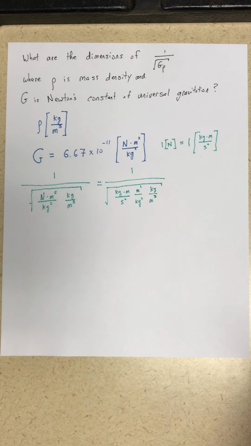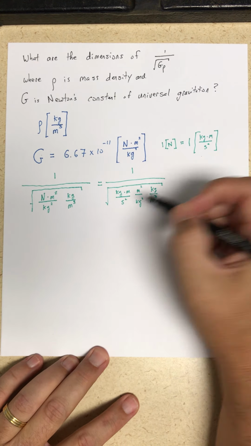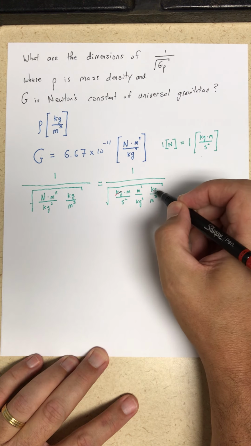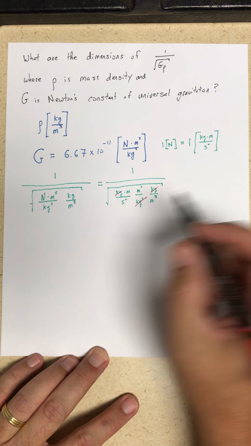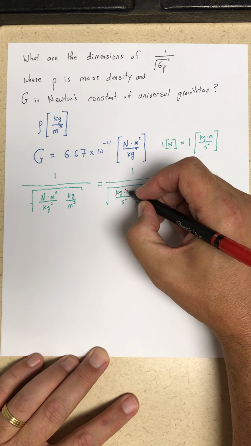All right, so looking at that, a lot of things are going to cancel out here. I've got a kilogram times a kilogram over kilogram squared, so that all goes away. I have a meter times meter squared over meters cubed, and that's all going to go away.